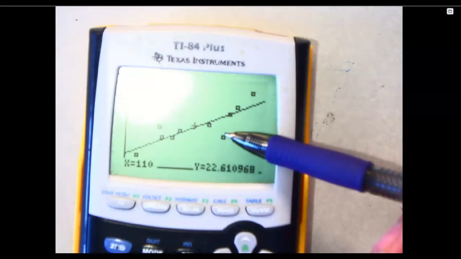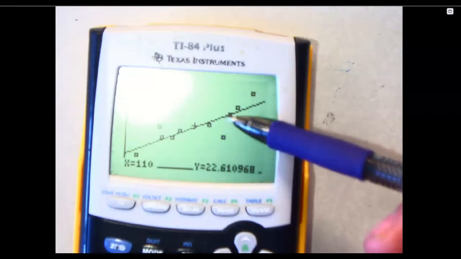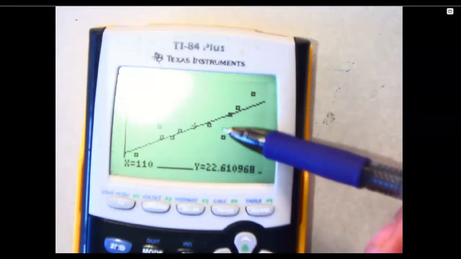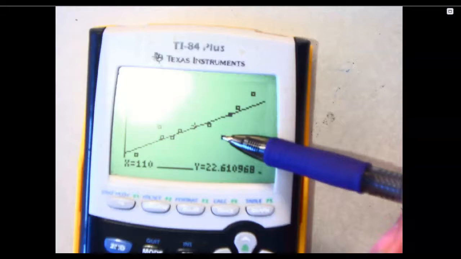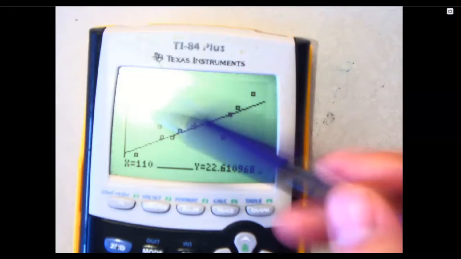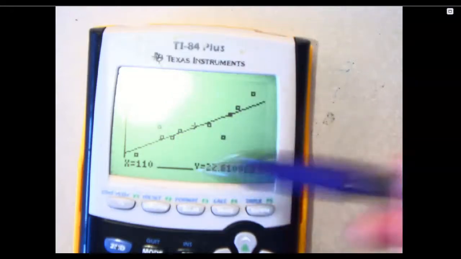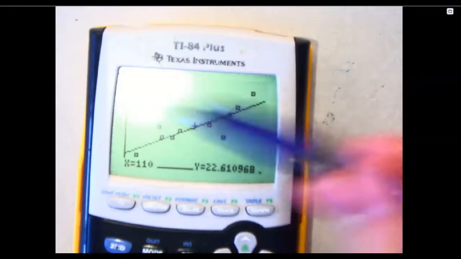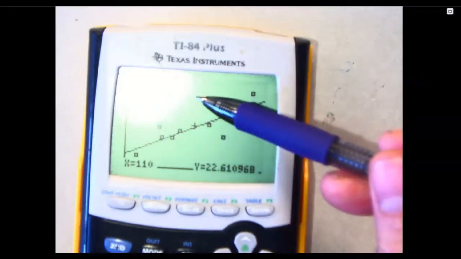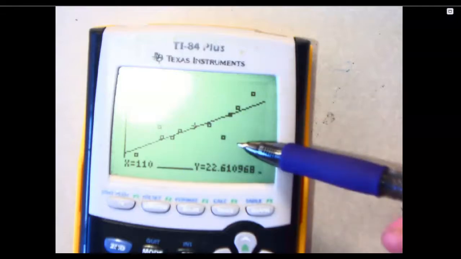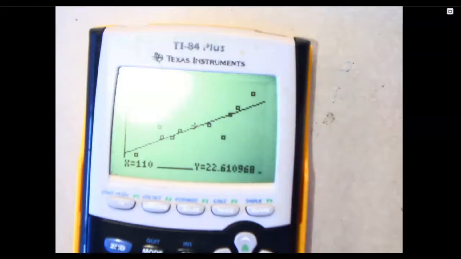This person, the line would have predicted that they would be up here. They actually got an ACT down here. So did they do better or worse than we predicted? They did worse, and this would be a negative residual. So above the line is positive, below the line is negative. Above the line is like you outperformed expectations. Below the line is you kind of underperformed expectations.